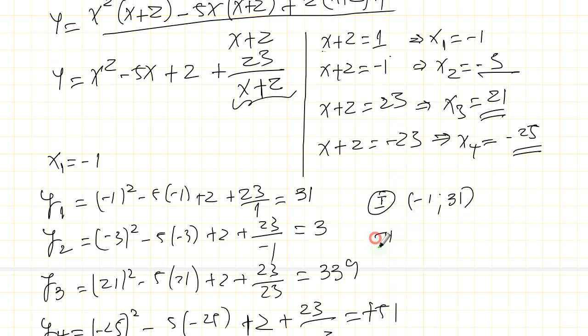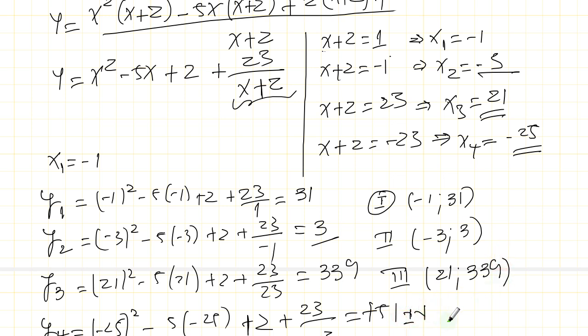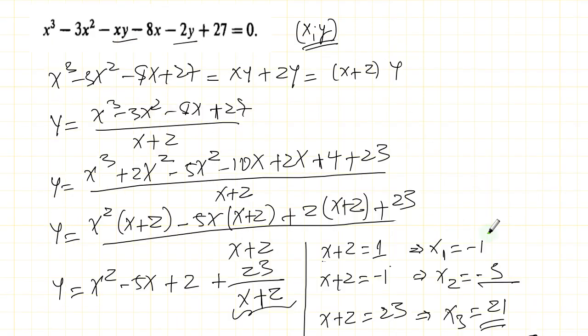The second one is negative 3 and 3. The third one is 21 and 339. And the fourth one is negative 25 and 751. So guys, this is the way I found to solve this problem.